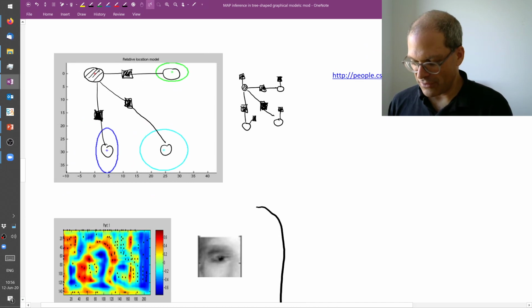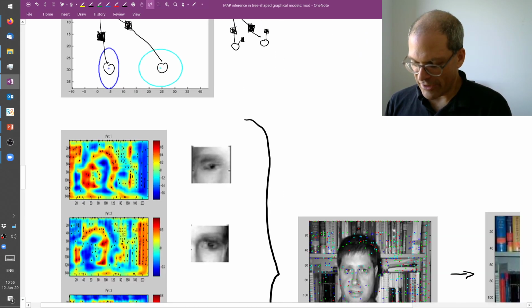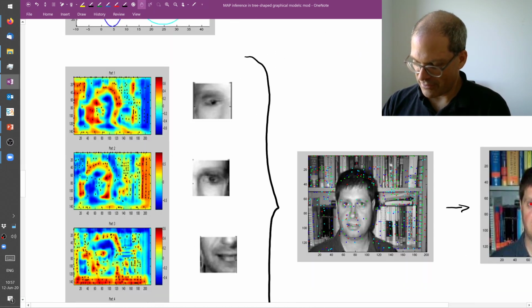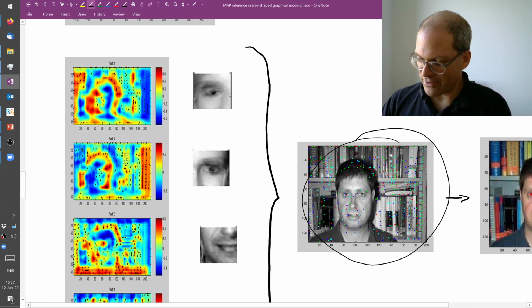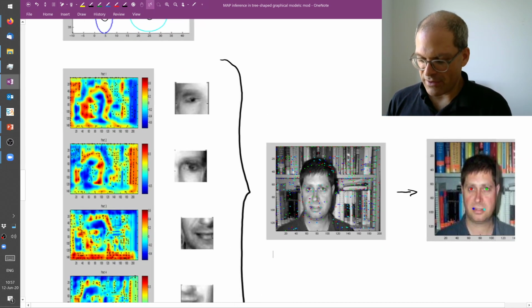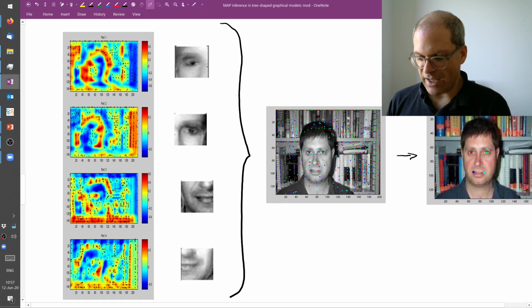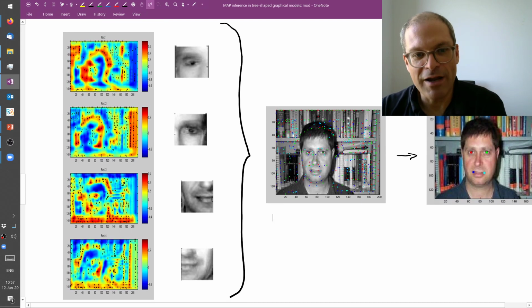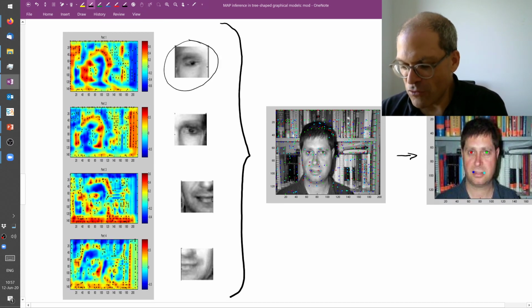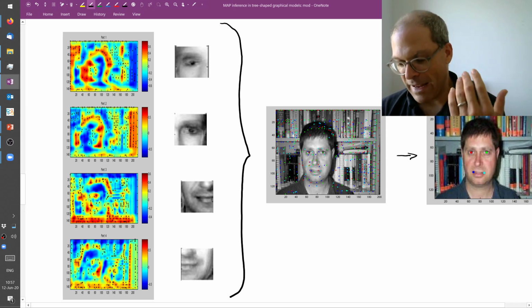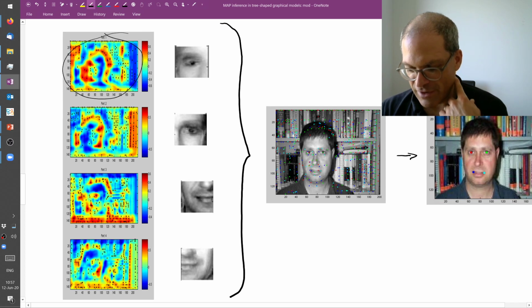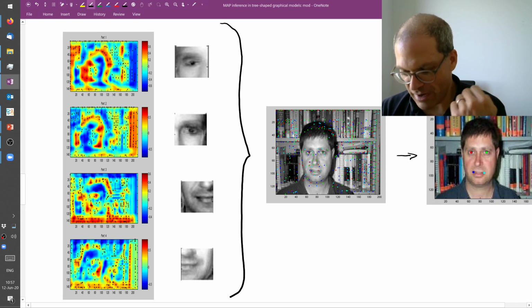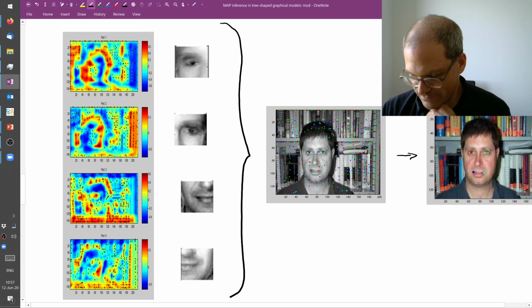So in this model, we have these 4 parts, and you can see for this particular image where these part detectors gave you, or what response they gave you. At the time, this was done simply by cross-correlating, by moving this patch across the image and recording the match. And you see here in the false color map if the match is high or low.